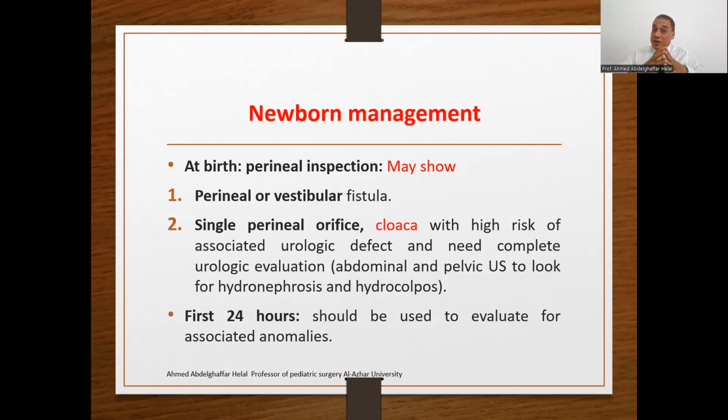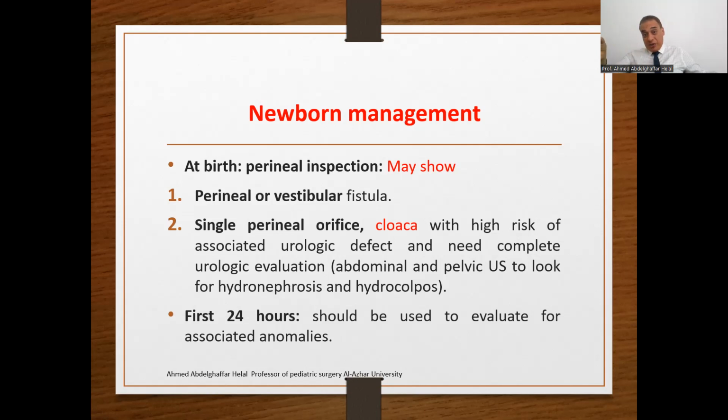So the newborn management of female anorectal malformation starts, as in males, with perineal inspection at birth. You may see very clearly a perineal fistula or vestibular fistula, and you are very lucky to find a perineal fistula or vestibular fistula, a clear or simple anomaly.